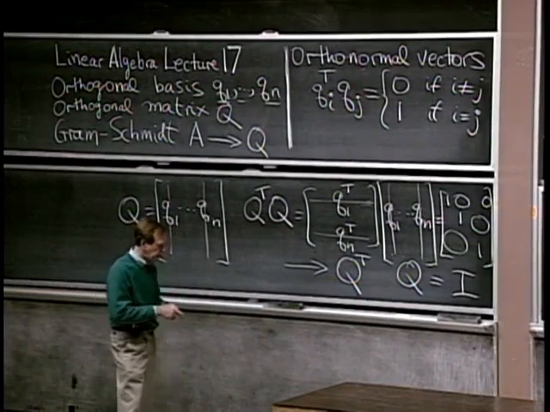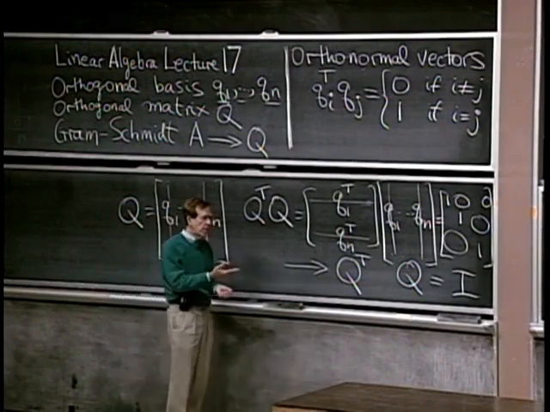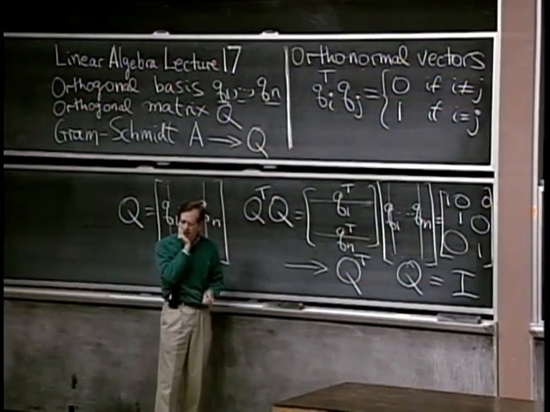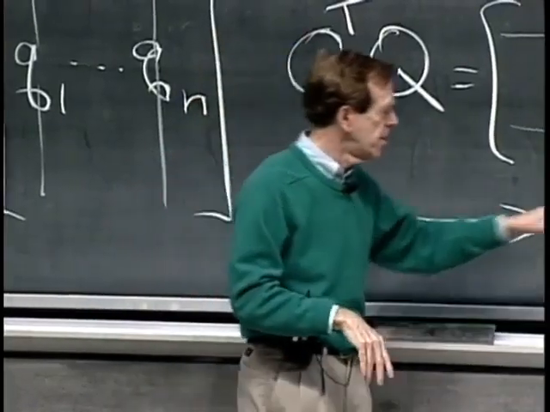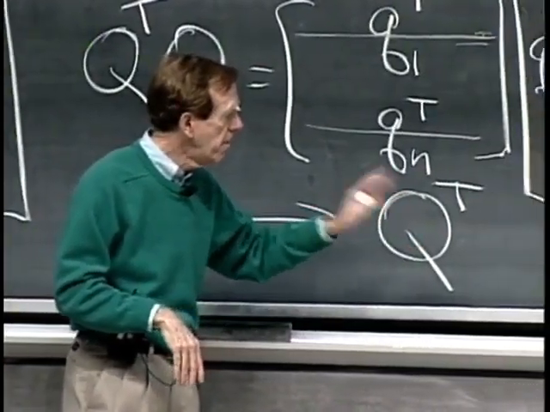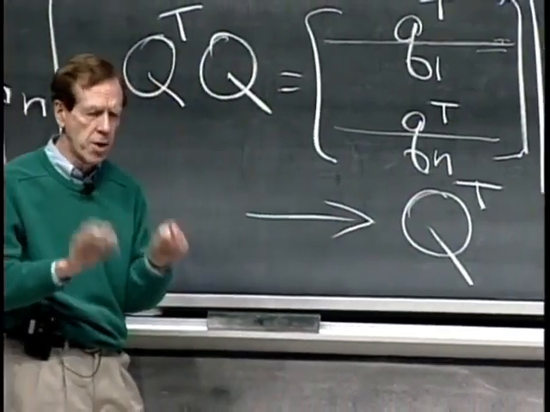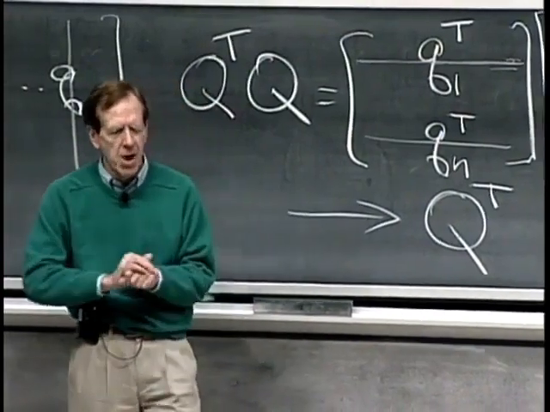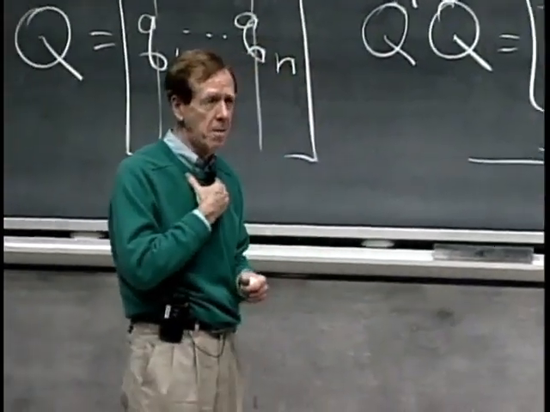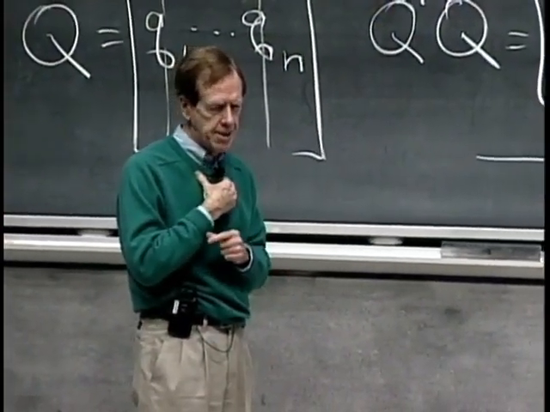Then in this chapter we've already seen projection matrices. And now we're seeing this new class of matrices with orthonormal columns. That's a very long expression. I am sorry that I can't just call them orthogonal matrices.